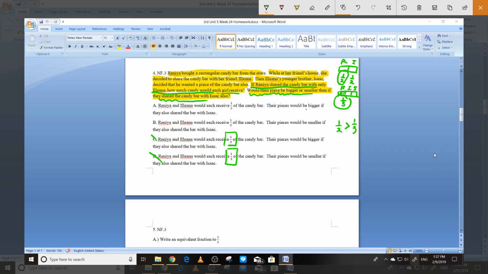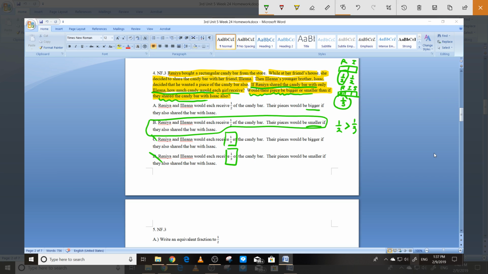They're different by the words bigger and smaller. So the last part of the question is that their pieces would be bigger if they also share the bar with Isaac. Now, is that true? No. We just drew the candy bar and we saw it, the pieces would actually be smaller if they shared it with more people. This is an obvious thing.